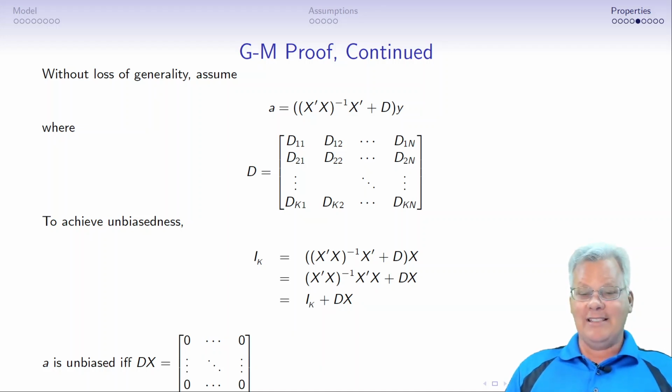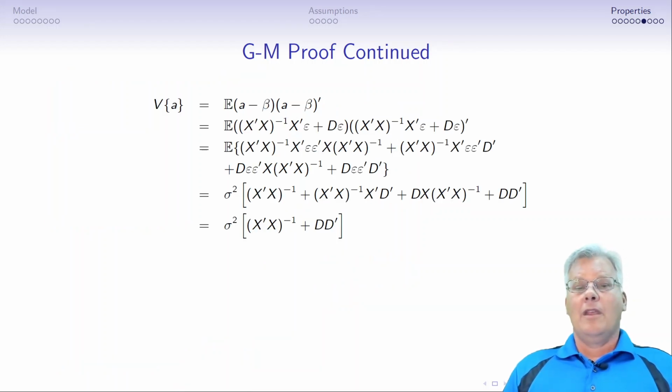What this implies then is that the identity matrix is equal to the identity matrix plus D times X. The implication then, at the very bottom, is that A is unbiased if and only if D times X is equal to a matrix of zeros. Okay. So that does put restrictions on this.